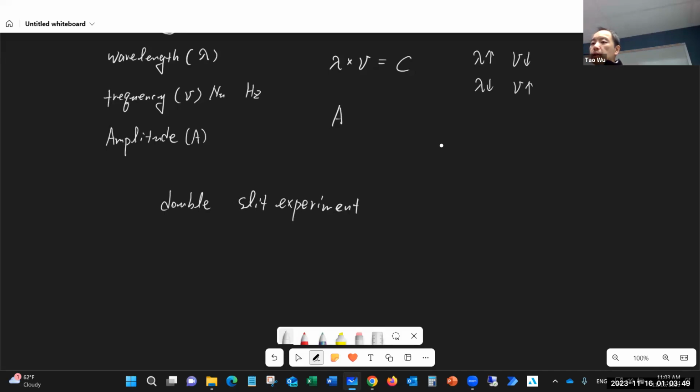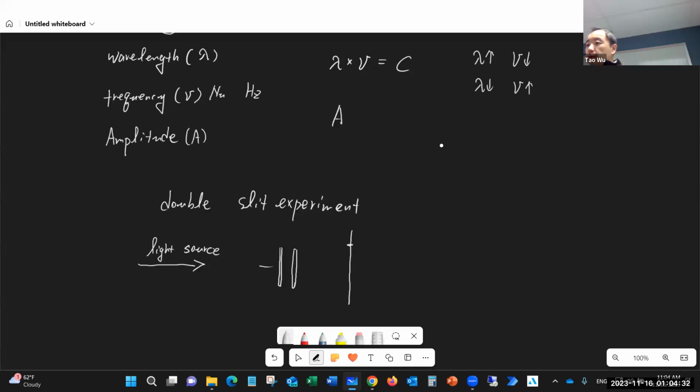The double slit experiment: if we have visible light, and this is a light source, and we have a double slit over here, then when the light penetrates through the slits, it's going to produce interference on a background.